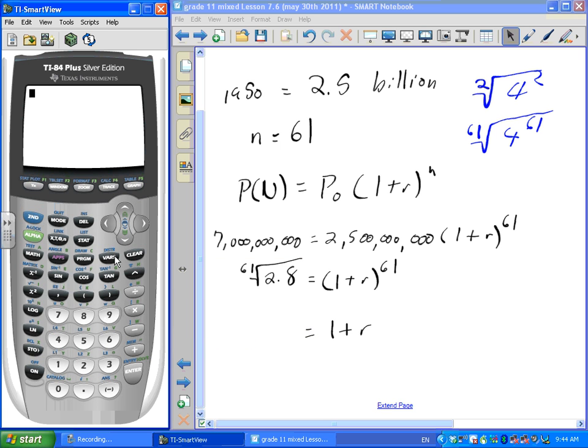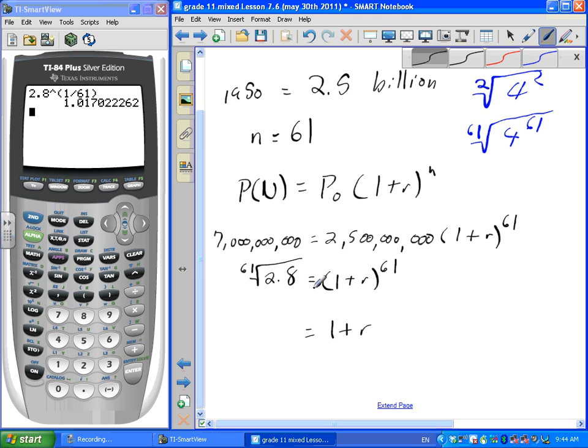If your calculator doesn't have an x root button, another way you can find it is you put the base number in to the power of 1 divided by that number. That's the same as finding the 61st root. 1.017. Oh, that's exactly right.